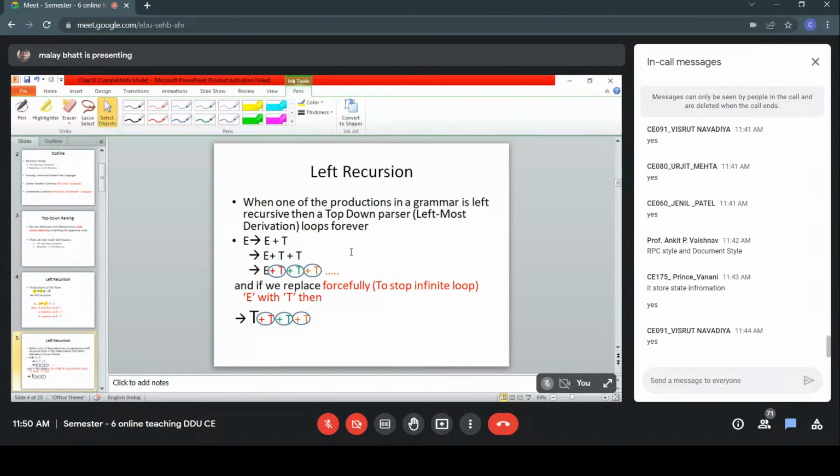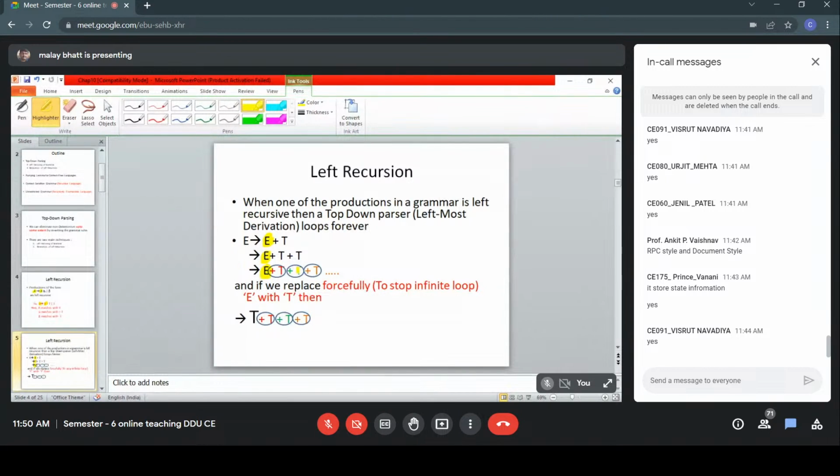So when one of the productions in a grammar is left recursive, a top-down parser loops forever during leftmost derivation. As you can see here, from E we replace it with E plus T, which is a leftmost derivation. Then again the leftmost non-terminal is E, so again I have to replace it with the production rule, E plus T. Again I replace E with E plus T because it is a leftmost derivation.